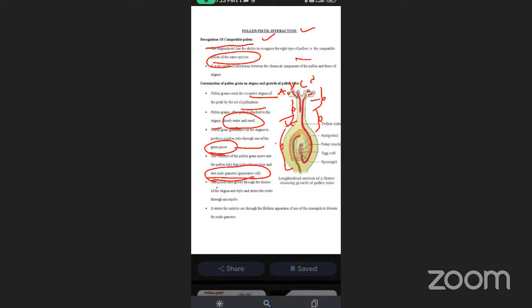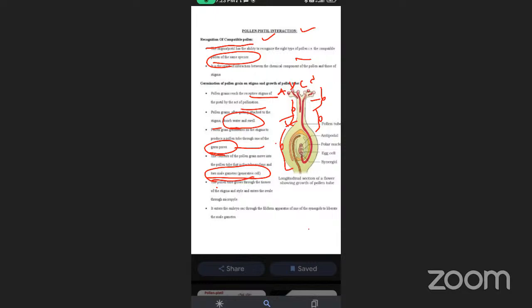One of the male gametes fuses with the female gamete or egg, resulting in the formation of the zygote, which further develops into the embryo. Actually, the male gamete enters the embryo sac through the filiform apparatus, one of the synergids, and fuses with the female gamete. As a result, the zygote forms, develops as an embryo and finally settles as a seed. So this is about pollen pistil interaction.